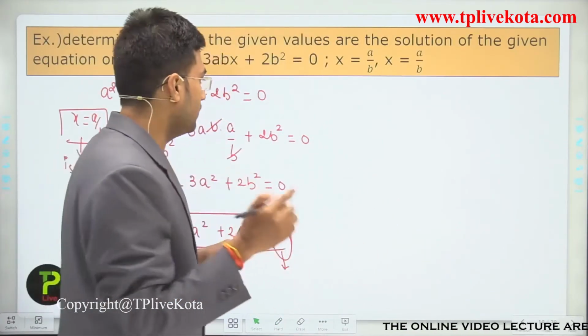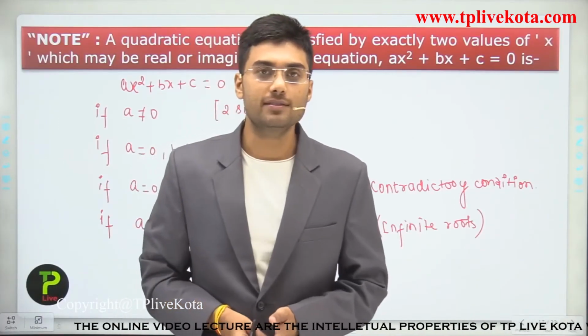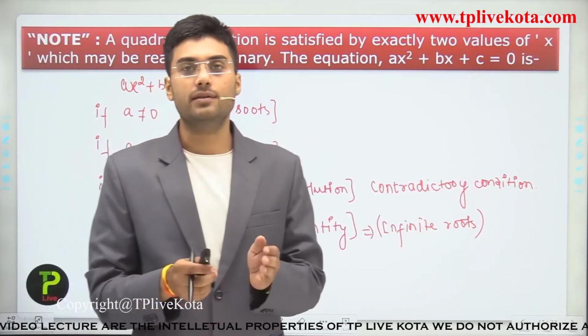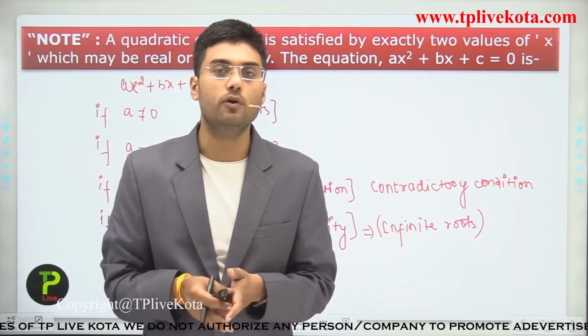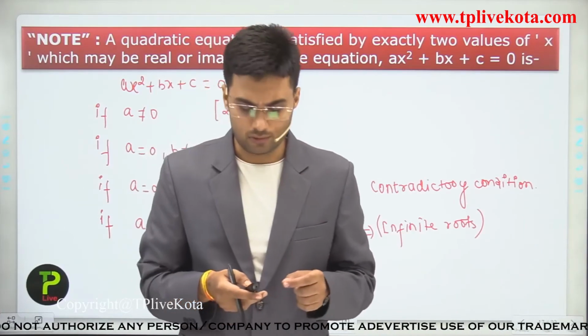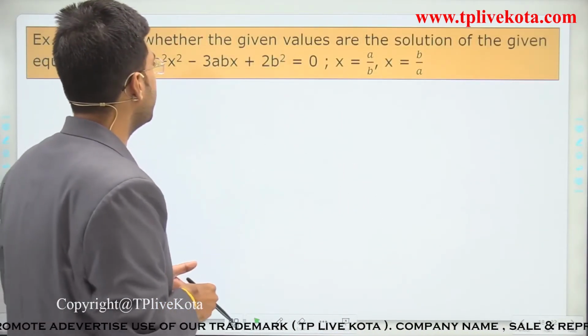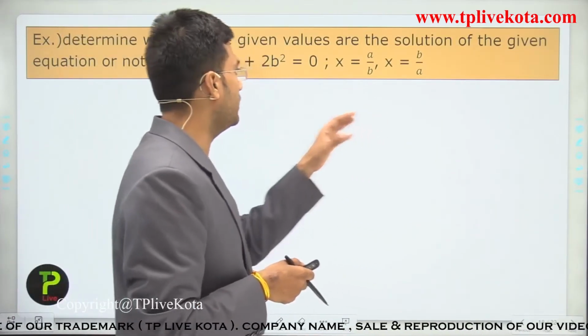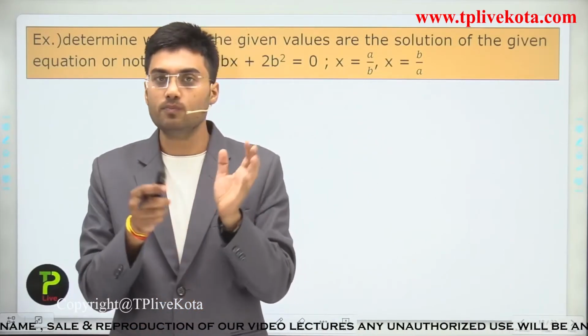Clear? Now let's talk about the second value of x. So students, after this let's discuss some interesting questions which are related to the basic concept of roots of an equation. So the first example is, determine whether the given values are the solution of the given equation or not. Solutions means whether these are the roots or not.